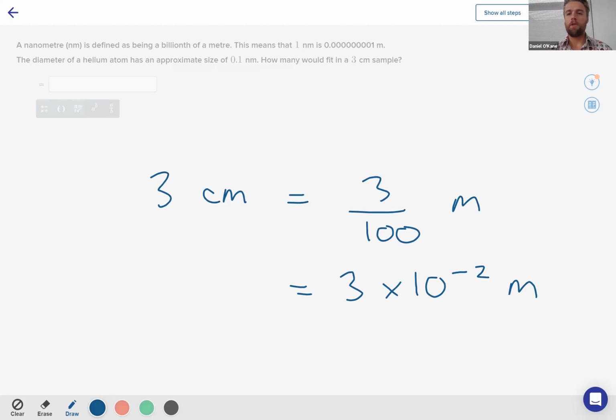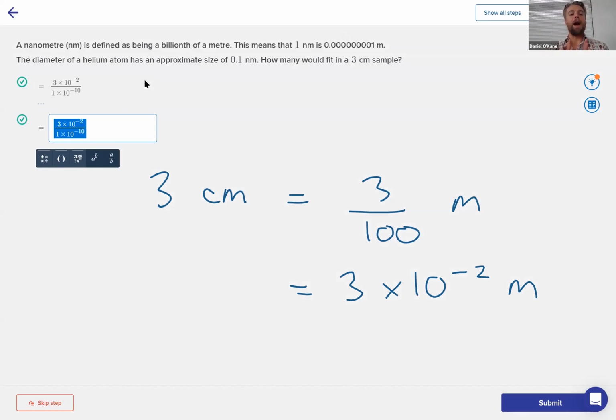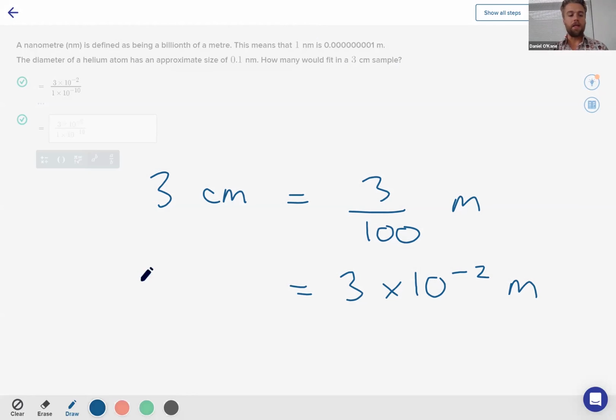You take that length of the sample, and then we want to divide this into lengths of 0.1 nanometer. Remember, that was 1 times 10 to the power of -10.